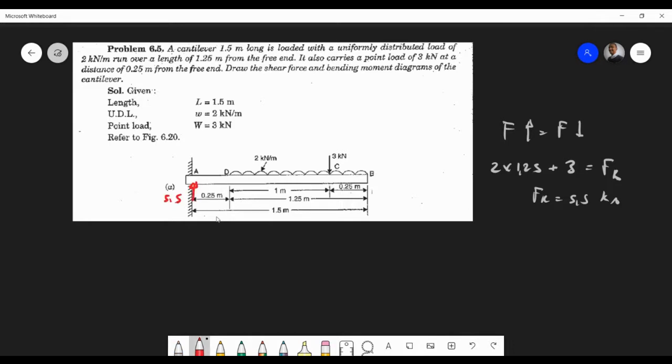That's 5.5. Then if I sketch my shear force and bending moment diagram, that should be fairly simple. So we go 5.5 on top, stops there. Now remember we have a UDL, so our load will change. So you're going to have minus 5.5 minus 2 times, how much is that distance from there to there?